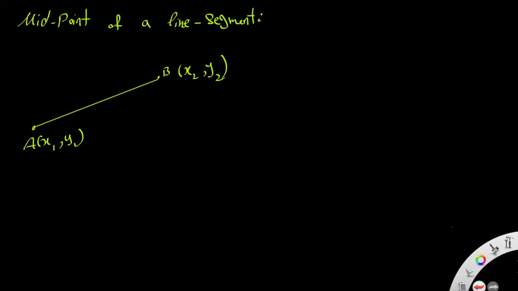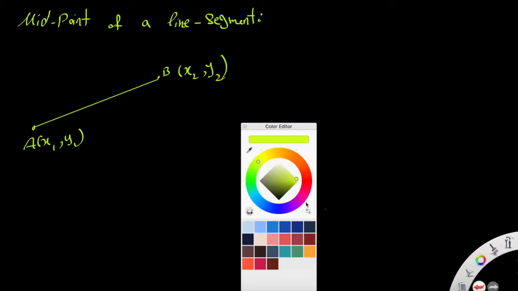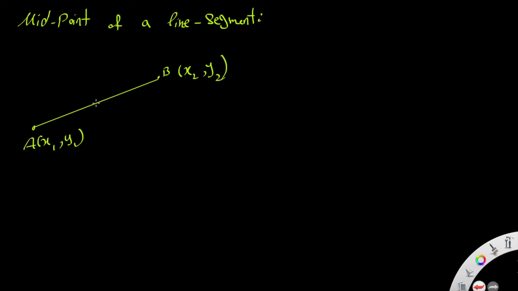Now our aim is to find the coordinates of the midpoint. The midpoint, denoted by M, is the point whose distance from both ends is the same. So it is equidistant from MA and MB.